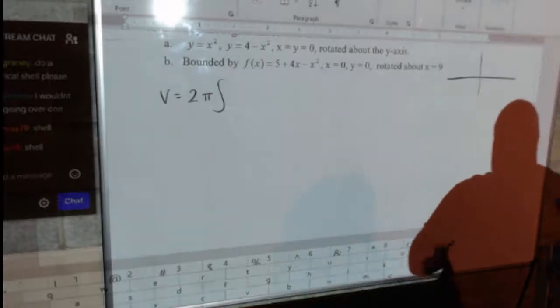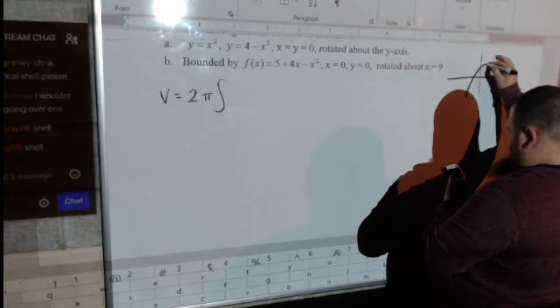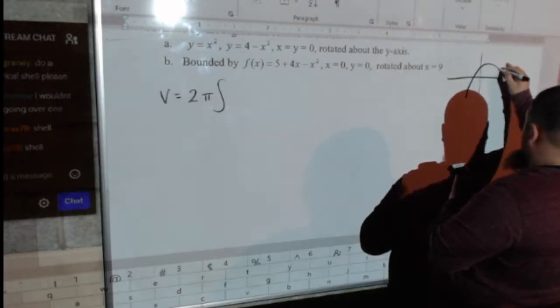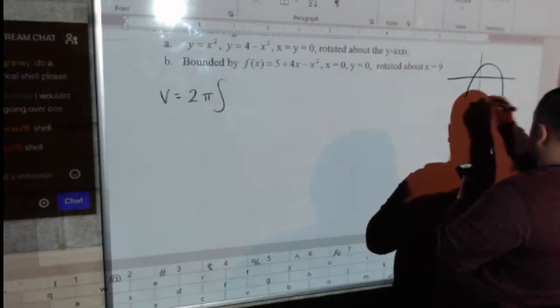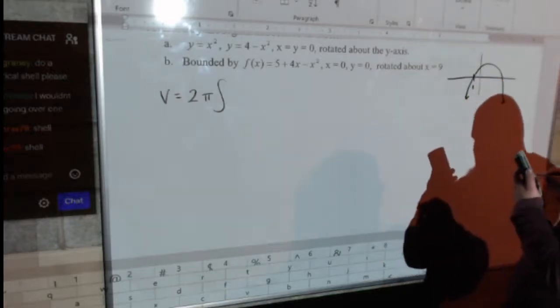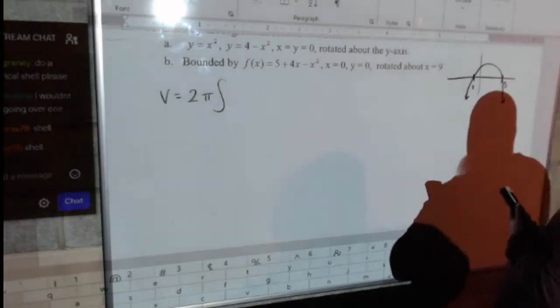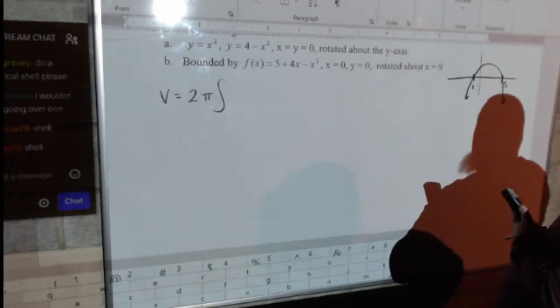Looks like something like that. And from the graph, it looks like it touches at 1 and 5. Let's see if that's true. We got to prove it.